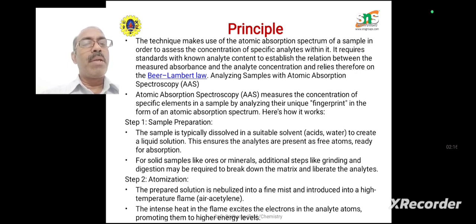The sample is typically dissolved in a suitable solvent. Most of the heavy metals are dissolved in acids with the help of deionized water to create a liquid solution. This ensures the analytes are present as free atoms ready for absorption. So we always go for the liquid form of the sample for this technique.